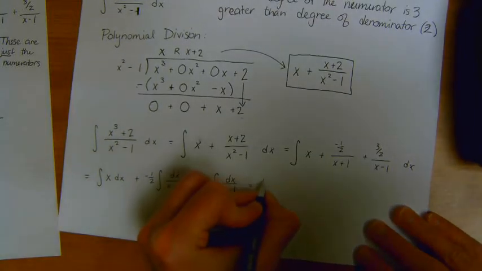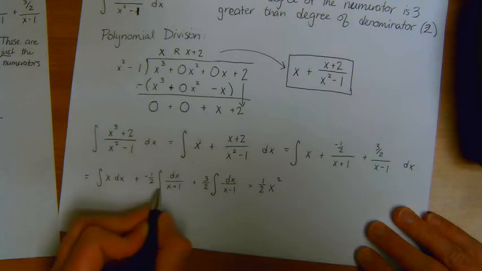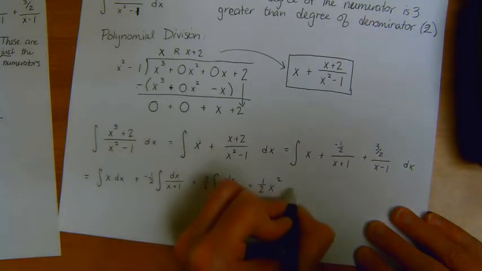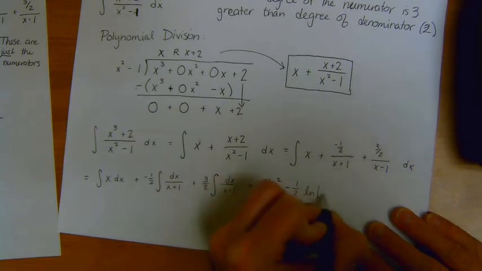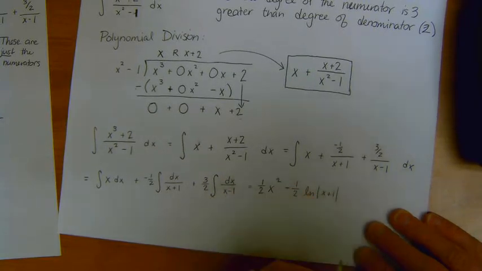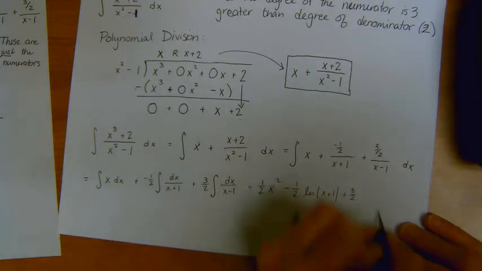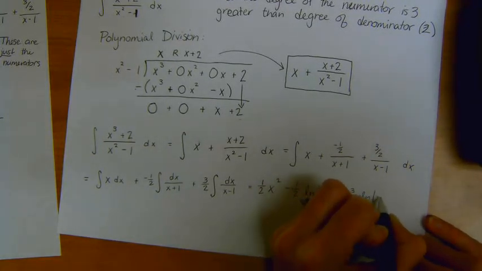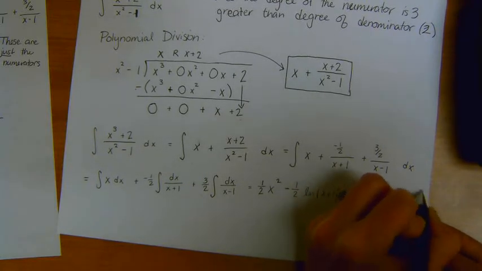The integral of x is 1/2 x squared. The integral of this is a really basic use substitution. This becomes minus 1/2 the natural log of the absolute value of x plus 1. And then finally plus 3/2 times the natural log of the absolute value of x minus 1 plus c.